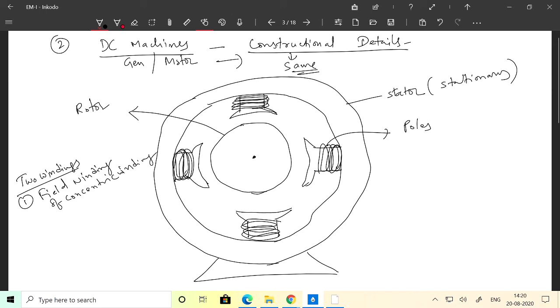Okay, and next one is armature winding. Armature winding is wound on rotor. You have slots like this. You have rotor slots like this throughout the periphery.